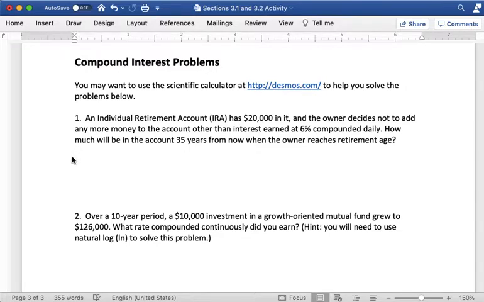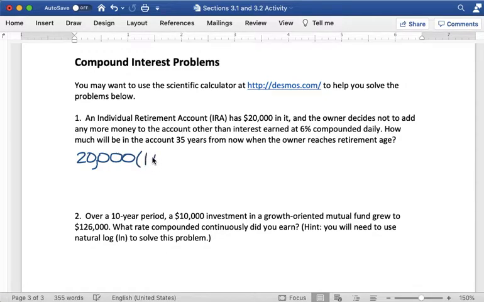So this is actually a fairly common scenario when you have a retirement account at a company and then you switch jobs. You might roll your retirement account over to an IRA, but you're not putting more money into that IRA. You're just earning interest on it. So I'm plugging in $20,000 for my principal, my starting amount.